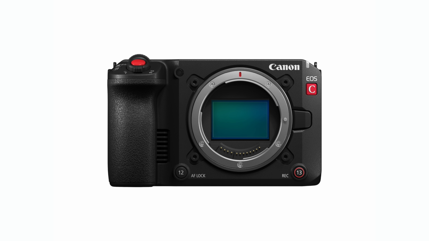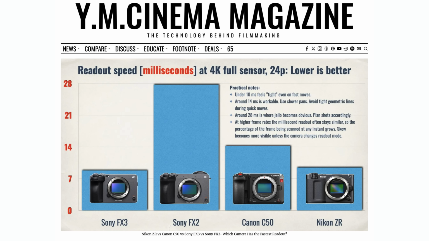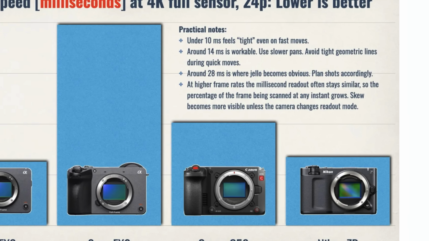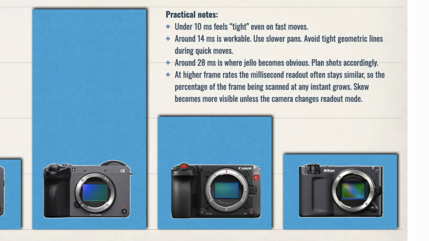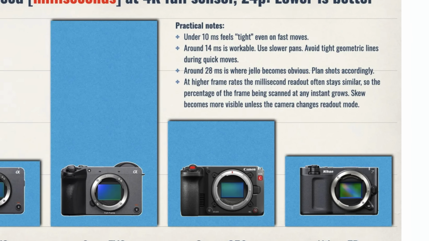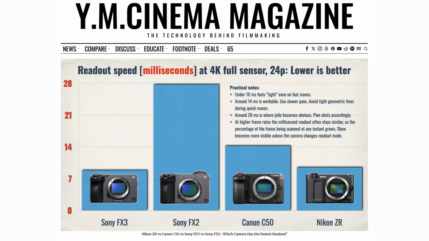Now, the interesting thing about that Canon sensor is that it's faster than the Sony 33, significantly faster, like almost twice as fast, but it's not as fast as the Z6III/ZR, which is 9.2 or 9.1 milliseconds in 4K. So really interesting. We're probably going to see the A7V and the R6III pretty soon.